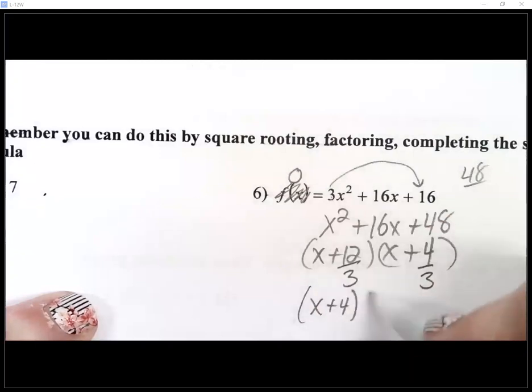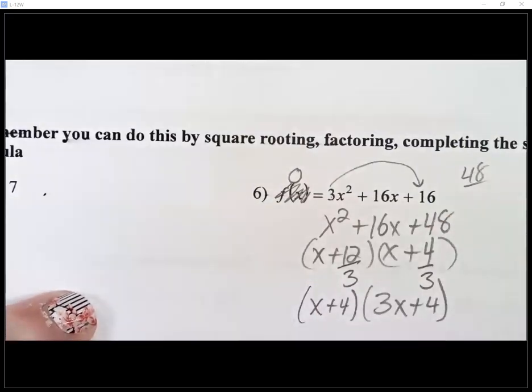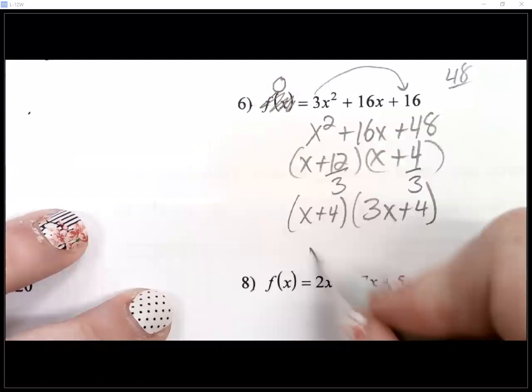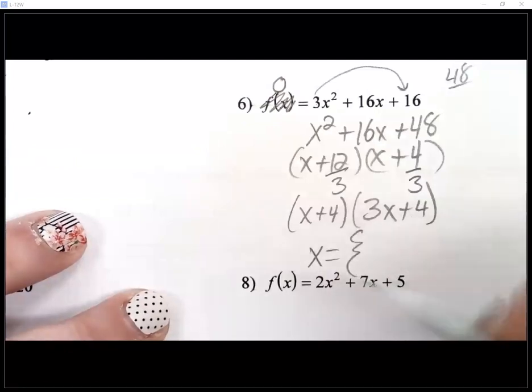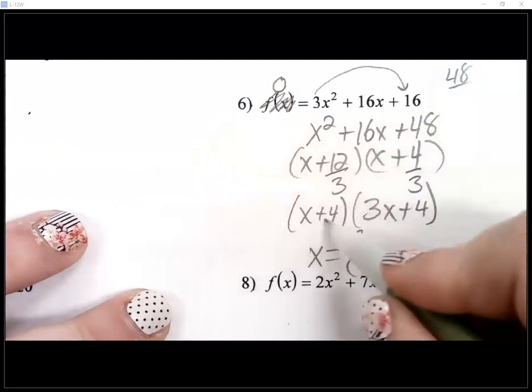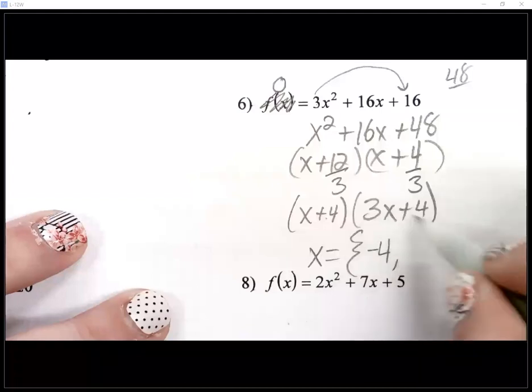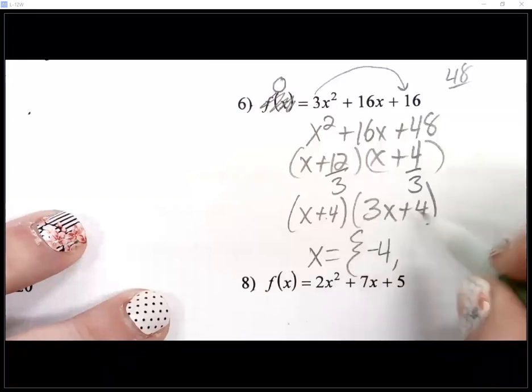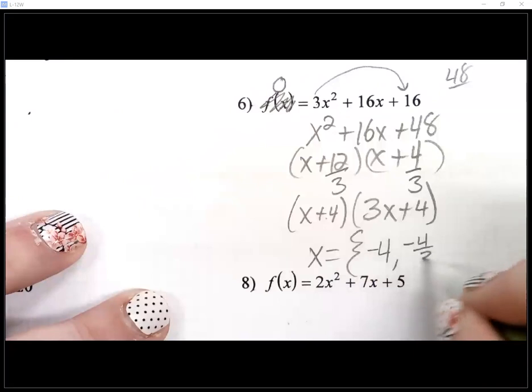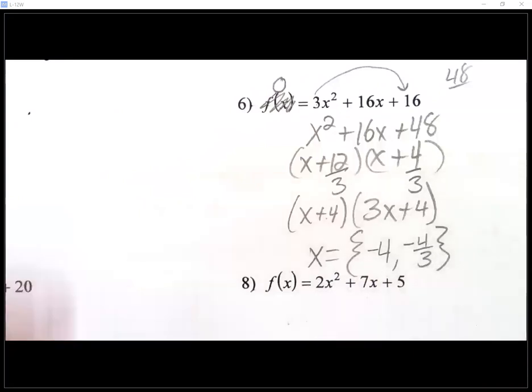This doesn't factor, so this becomes 3x plus 4. So when I'm finding a zero, I have to go all the way to the end. I want x equals, what are the numbers? One of them is going to be a -4. One of them, if I do minus 4 divided by 3, I'd get a -4/3 right there. And there are my 2 answers.